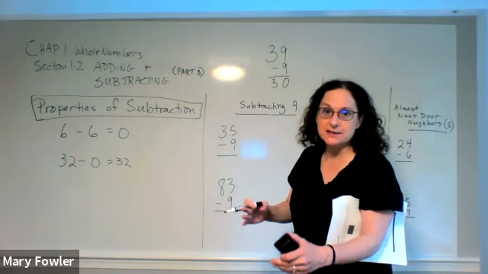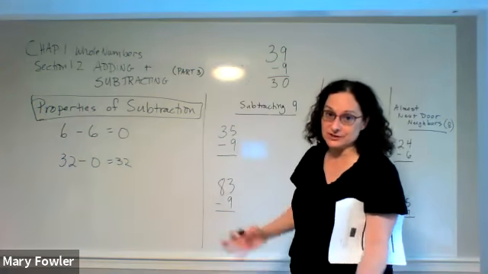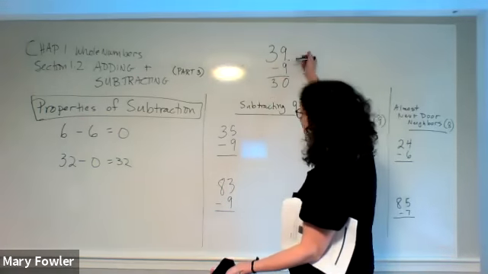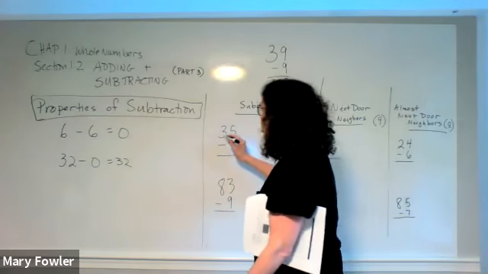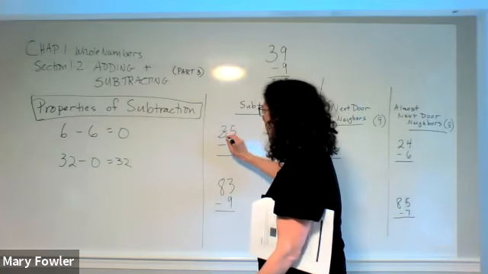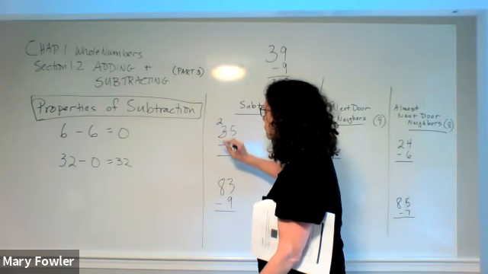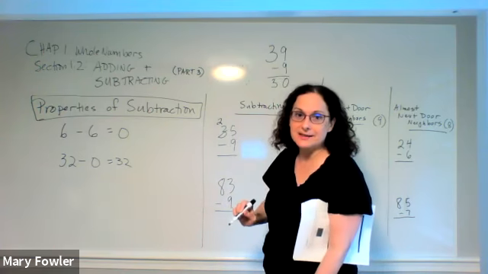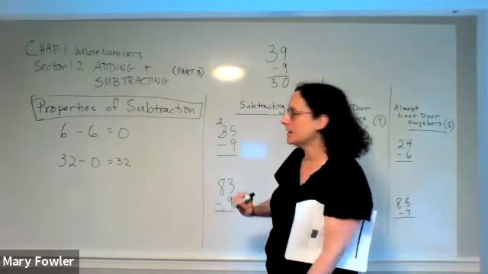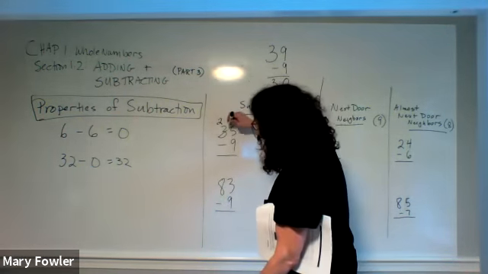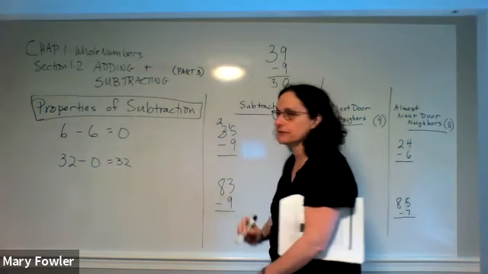And that's going to be the case for all of the digits other than this situation. I can't do it, so I'm going to borrow 1 from the 3. The 3 gets reduced to a 2, that's in the tens place value. And then I bring that over and the 5 turns into a 15.